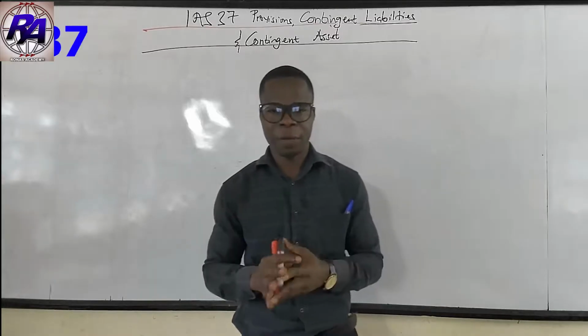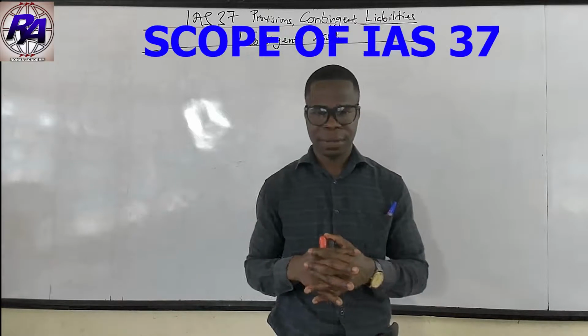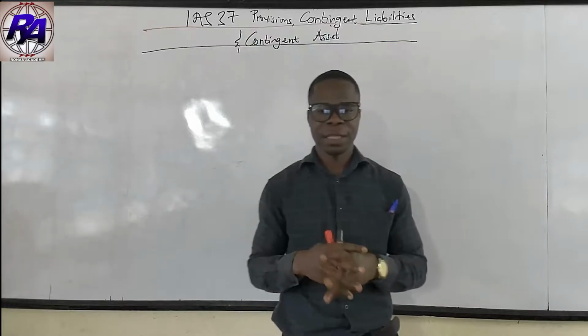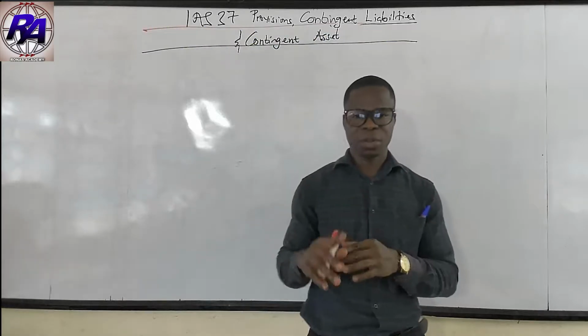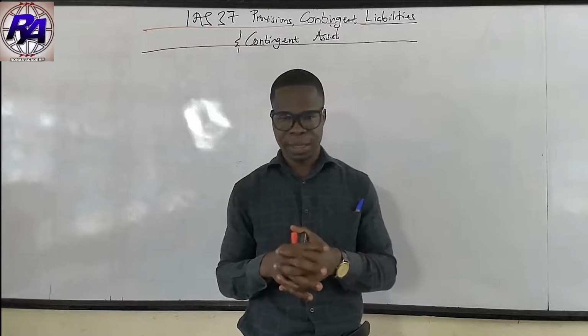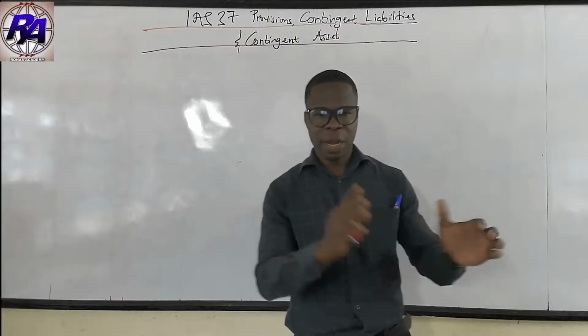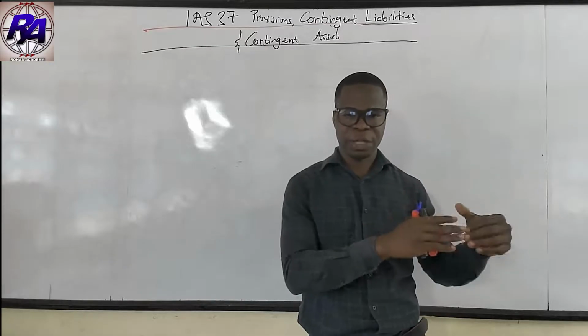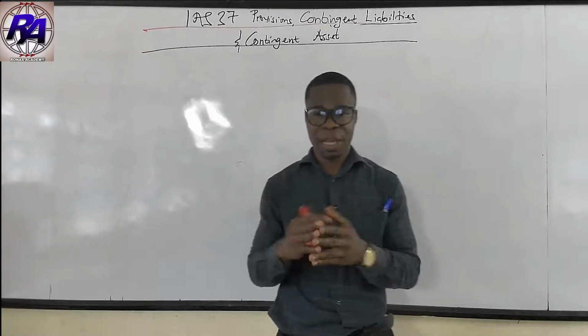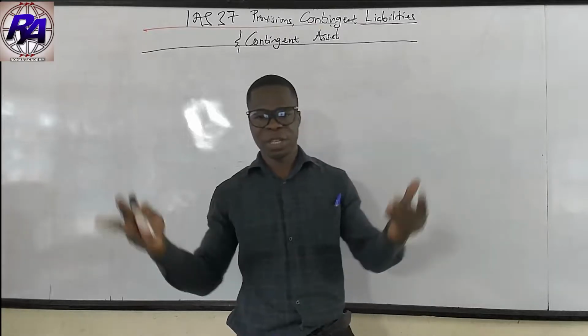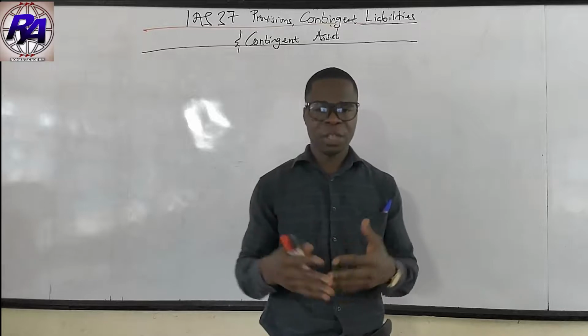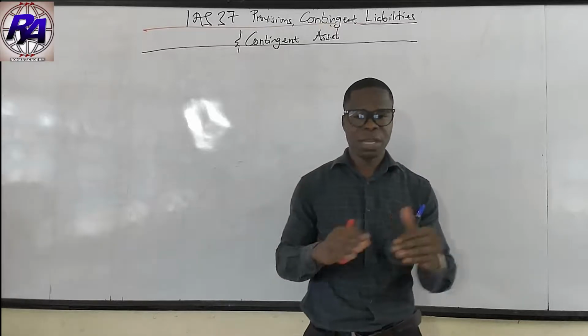Let's look at the scope of IAS 37. IAS 37 deals with provisions, contingent liabilities, and contingent assets. We will look at the definition of provisions, but there are some provisions that we already know, or some jurisdictions say that some provisions are there to reduce an asset.